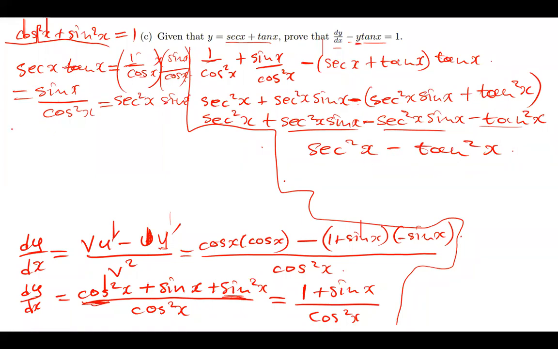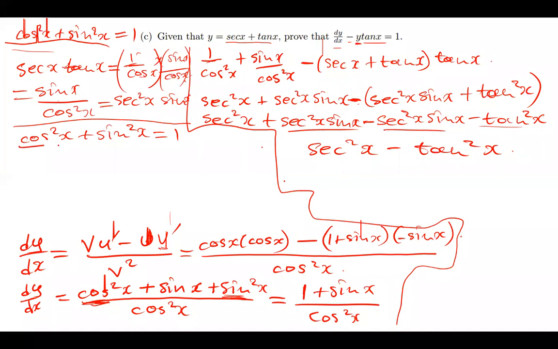Yes. How is it a 1? We go back to trigonometric identities. I told you that you should make sure that you visit trig identities, very important. We get the Pythagorean identity: cos squared x plus sine squared x is equal to 1.